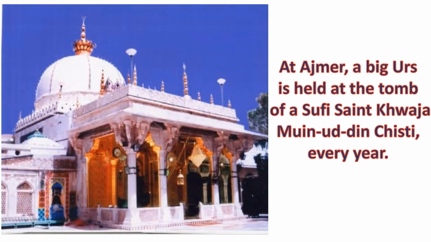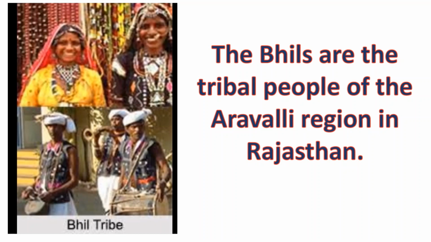At Ajmer, a big Urs is held at the tomb of the Sufi saint Khwaja Muinuddin Chishti every year. The Bhils are the tribal people of the Aravalli region in Rajasthan.